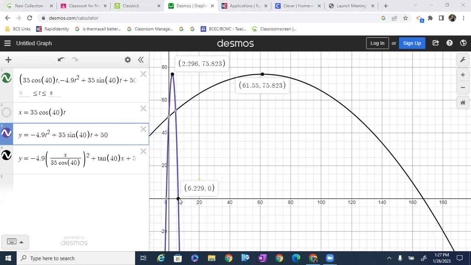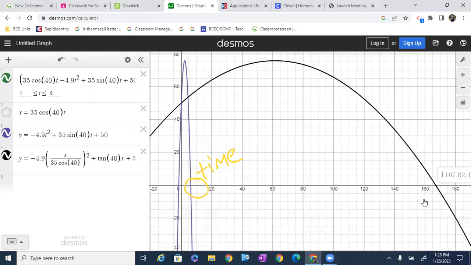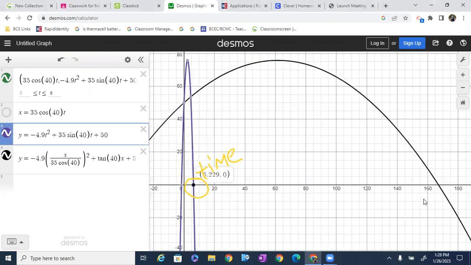So this is showing us time. And over here, this is showing us exactly where he hits the ground in relation to the cliff.